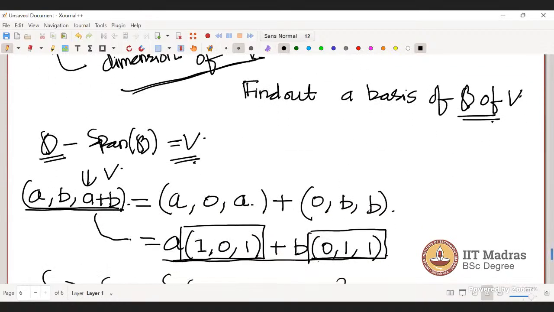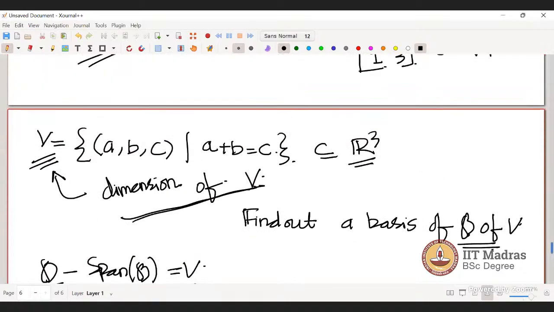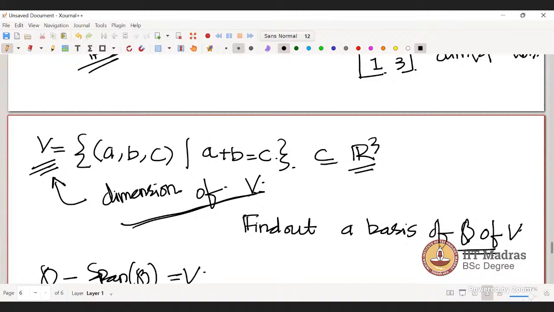Will the span be a vector space? It will be, because (0, 0, 0) is present: a equals 0, b equals 0, c equals 0, and it satisfies this condition, right?